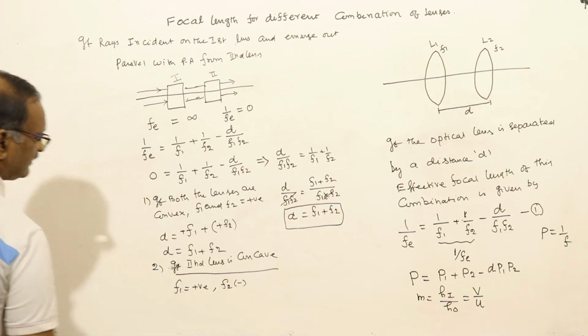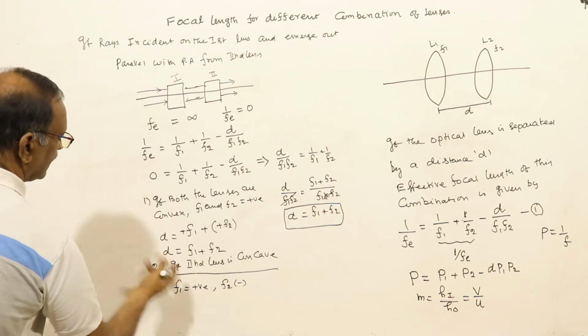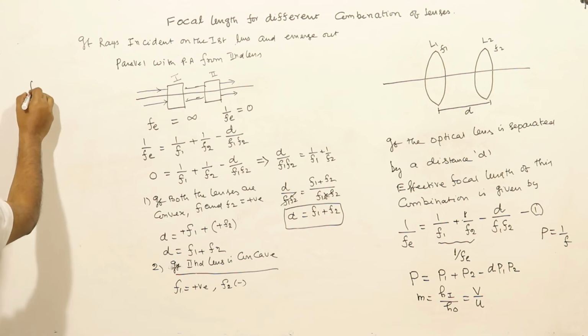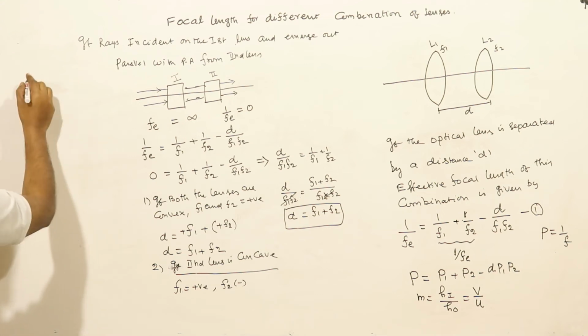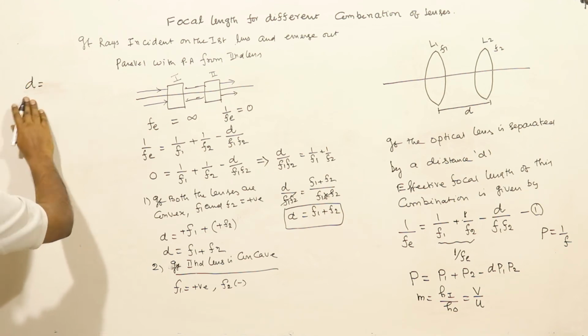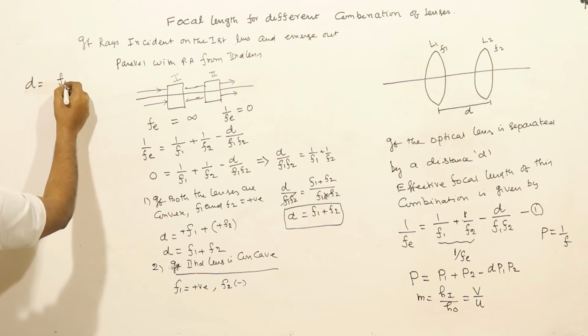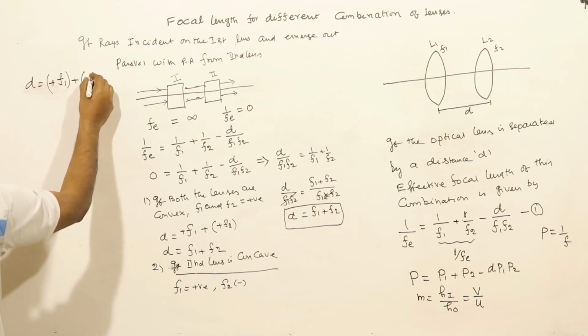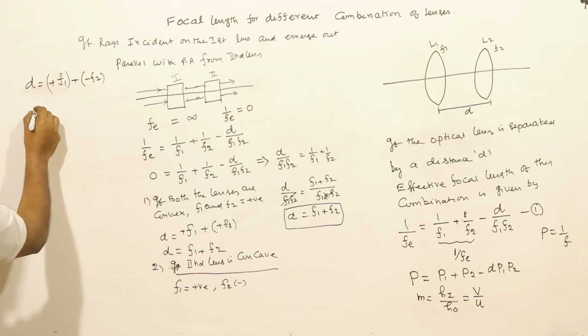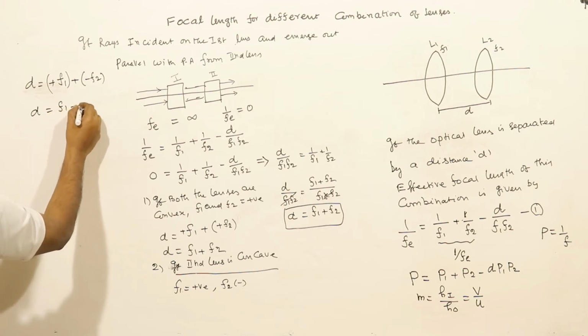The first lens is as usual convex. In that case, the distance of separation is equal to F1 plus minus F2. This is D is equal to F1 minus F2.